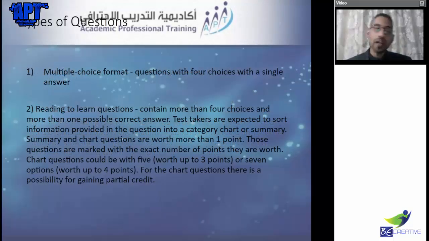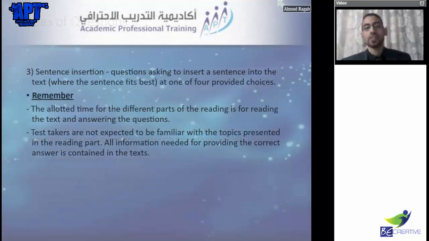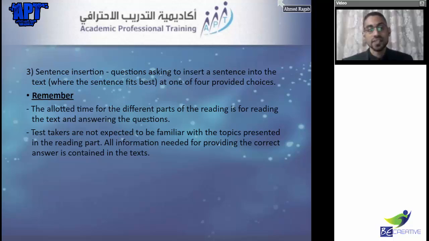Now, you have multiple choice questions for each passage. So you have a question and multiple choices. One of them is not multiple choice: you try to arrange parts or match parts, like in the listening. Next is the sentence insert, and we'll show you how to do that with a tool.